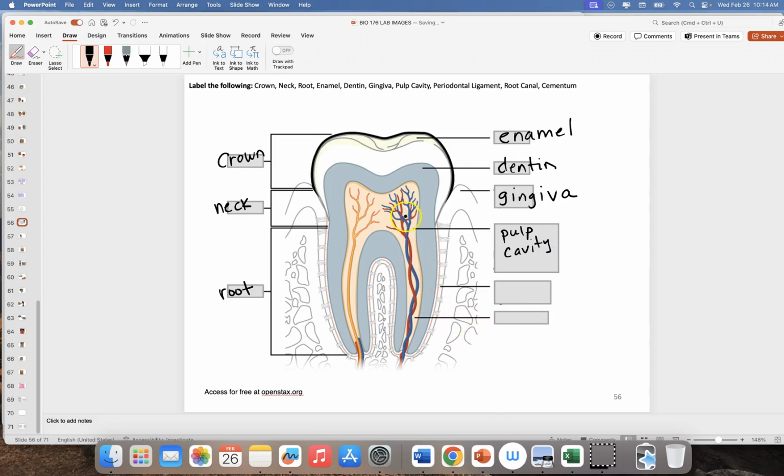In this pulp cavity, we're going to have our blood vessels and our nerves, and those are going to also run down into this root canal.